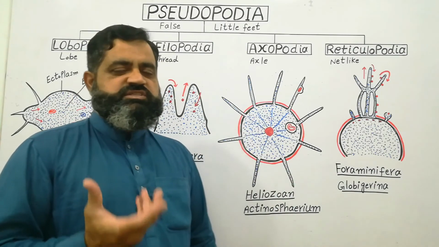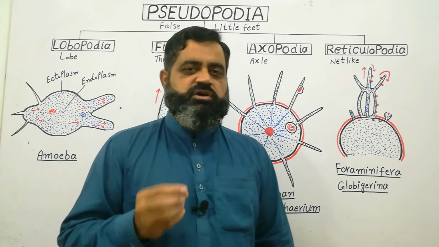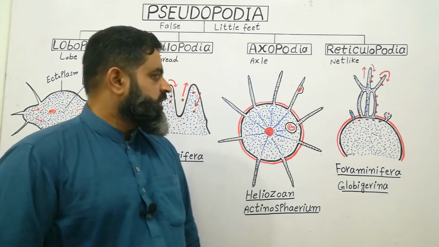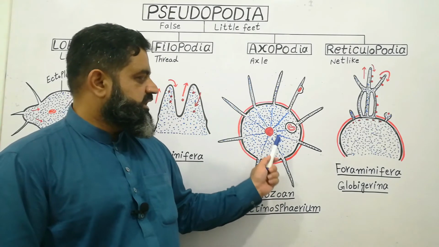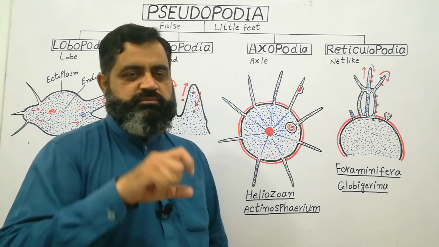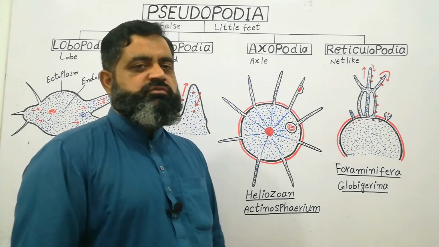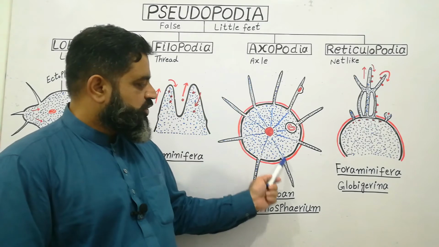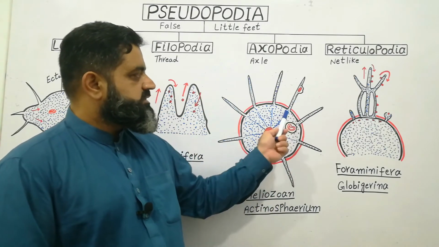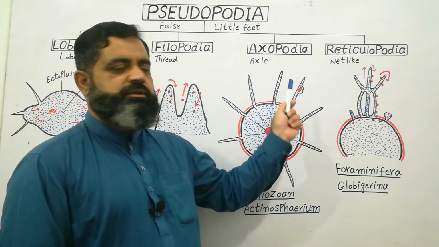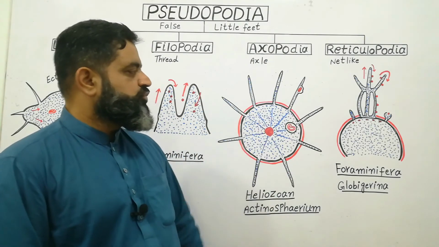This shell is known as a test, which is made up of calcium carbonate, a calcareous shell, or siliceous shell. These shells usually have pores through which the cytoplasm and plasma membrane of the organism come out for feeding purposes. As you can see here in the diagram, the long thread-like, axis-like Axopodia are emerging from the shell, and they help to feed.